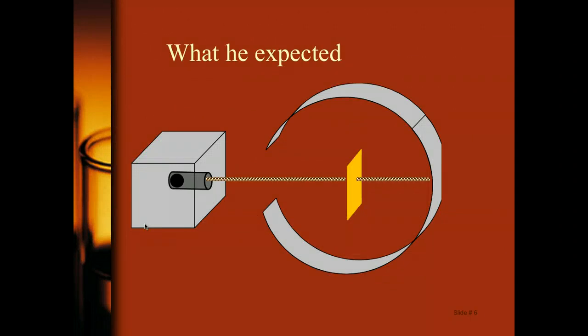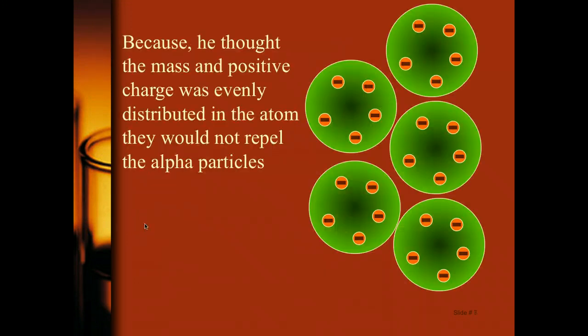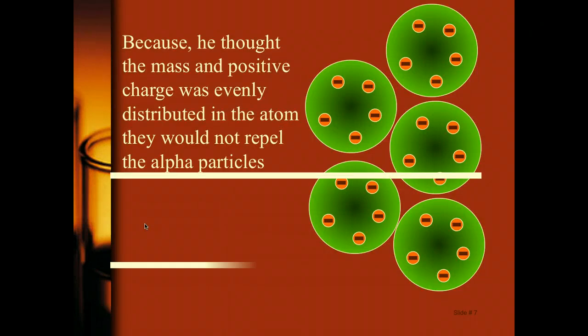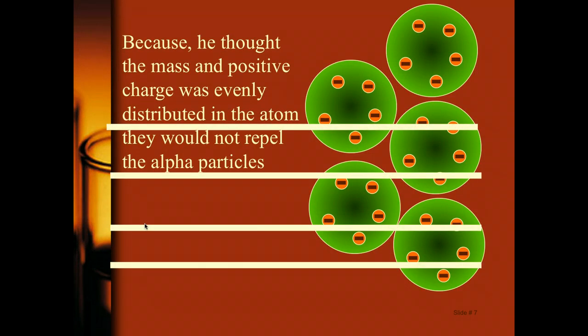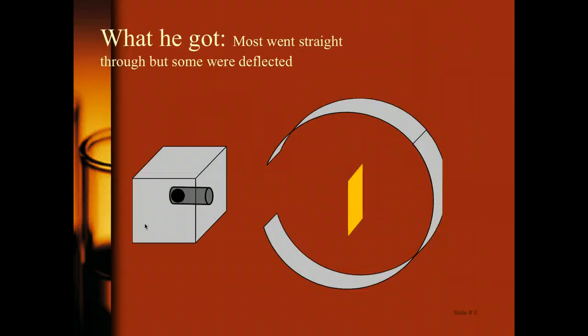He said the alpha particles would shoot straight through, come out the other end, nothing exciting at all. Because he thought the mass and the positive charge was evenly distributed, the alpha particles wouldn't be repelled, they would just pass straight on through.